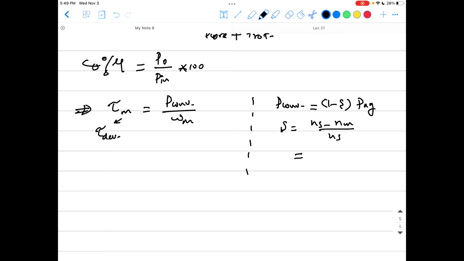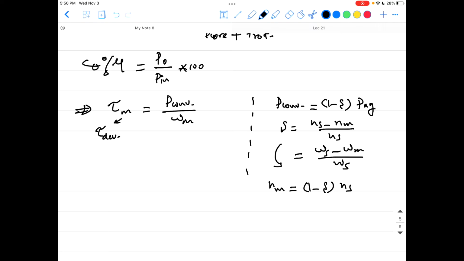By the way, you can find it from the omegas: omega s minus omega m over omega s. You know the difference between N and omega, yeah? Omega is the speed in radians per second, we call it the angular speed, and N is the speed in revolutions per minute. You can convert them easily: omega equals 2 pi over 60 times N. And from this, you can find that Nm will equal (1 minus S) times Ns.